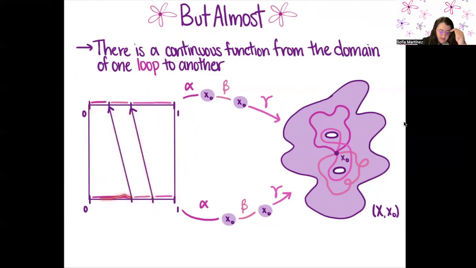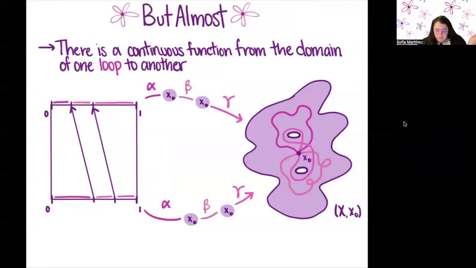So I kind of shrink the time that I do alpha and I increment the time I do gamma to get the other loop. This is very interesting, and it's manifested itself in many ways, and it's interested mathematicians for a really long time. So it's worth investigating further, and in fact, mathematicians decided it was worth defining a formal notion for. And this is the notion of homotopy.